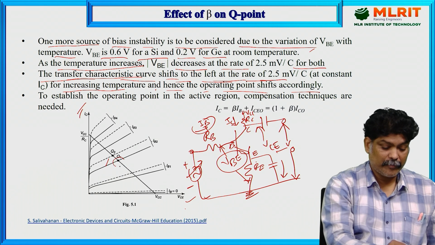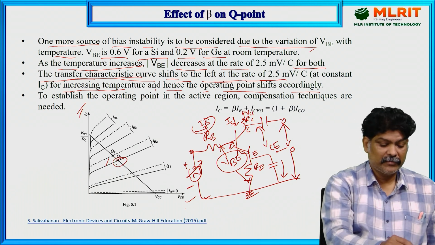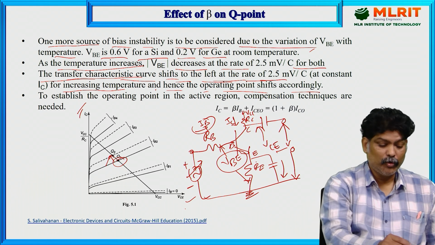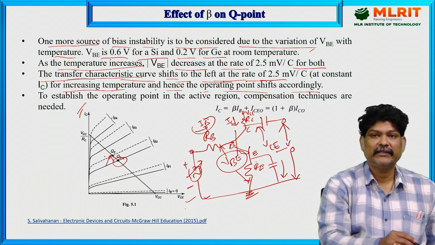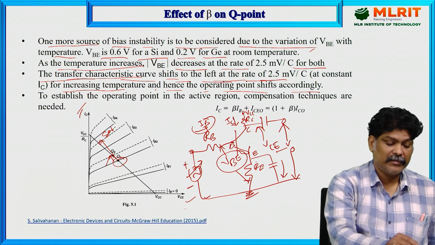This is the operating point initially. Now because of the temperature change, VBE changes, so the quiescent Q point changes its position and moves towards the saturation region.